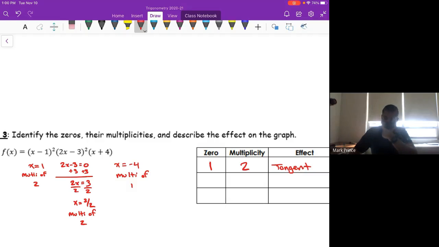Now our next zero was positive 3/2. We had a multiplicity of 2 with that. So that means, graphically speaking, the graph will only touch it, be tangent to that point. And then our last zero for this one, -4 with a multiplicity of 1. And this one intersects.